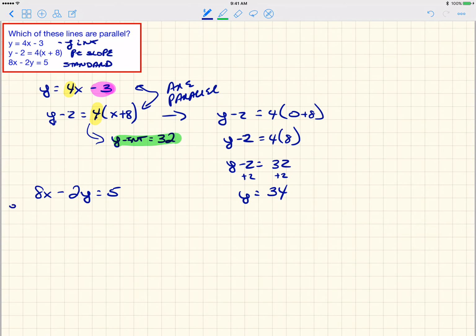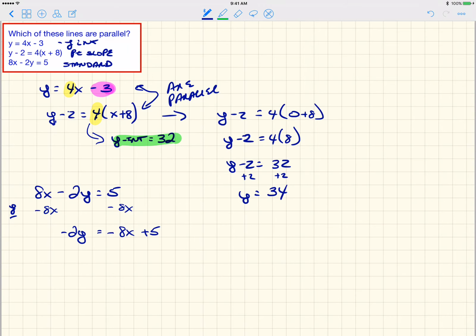So we want to get the y by itself. What's in the way? I'm going to subtract 8x from over here, which is going to leave me with negative 2y equals negative 8x plus 5.